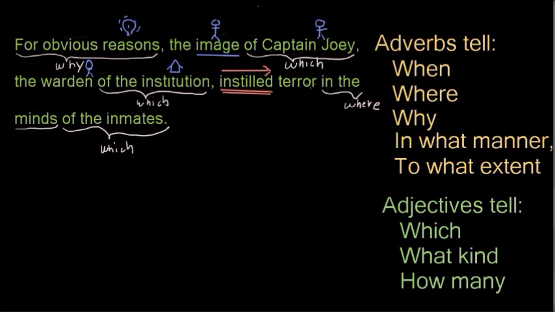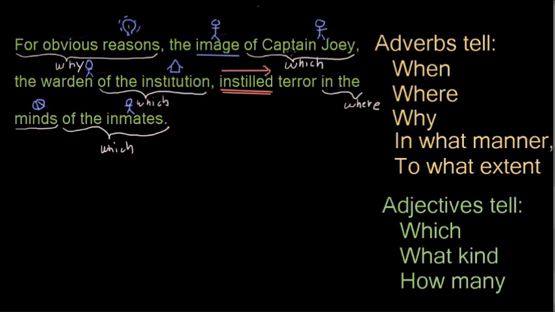We'll put that as a place. In the minds. Okay, well, that's part of a person, but all mind is a thing. Of the inmates, or people. Well, we have a lot of nouns. When you have prepositional phrases, you're going to have a lot of nouns.